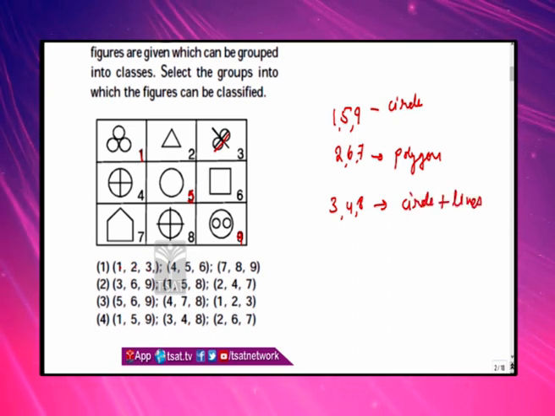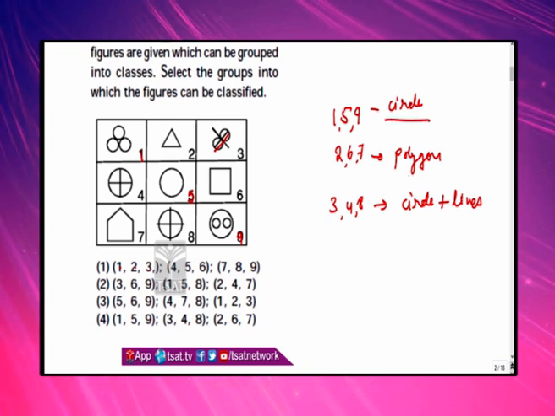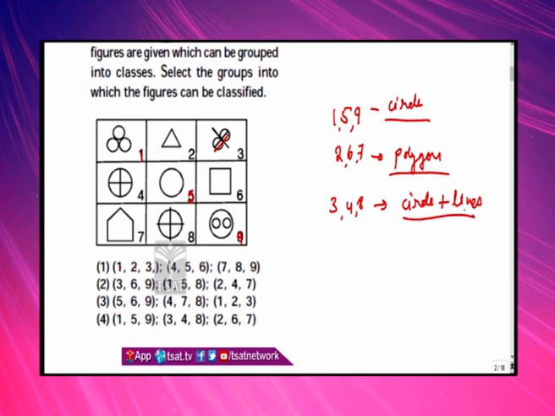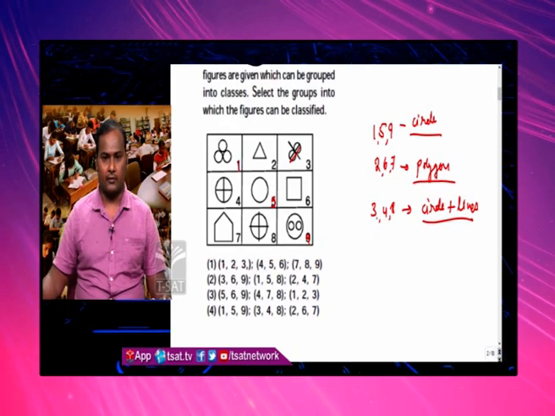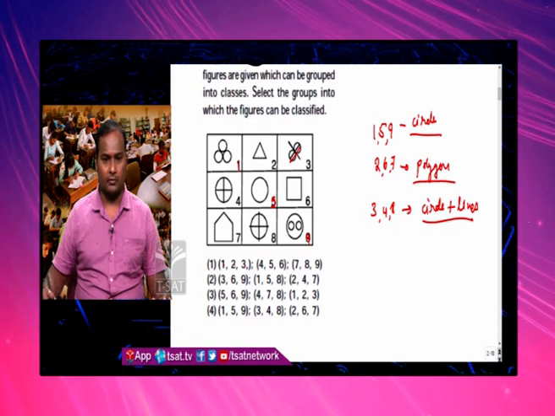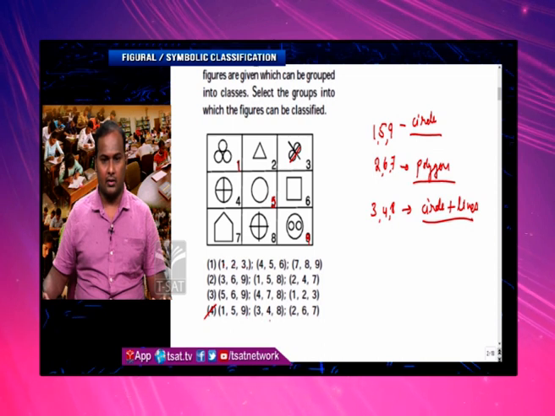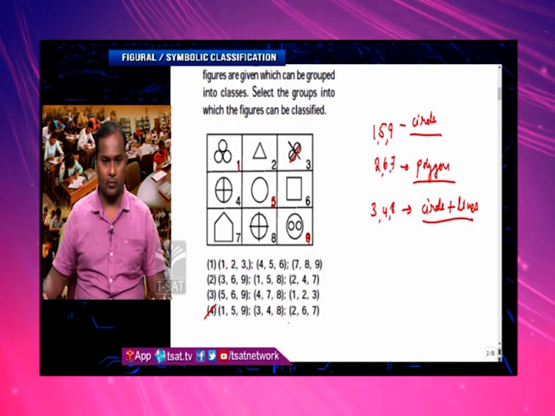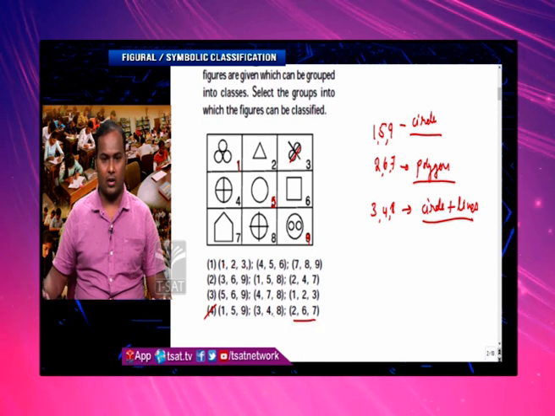The student needs to recognize whether circles are given, or polygons, or circles and lines both. Based upon this, option 4 is the answer. 1, 5, 9 are circles. 3, 4, 8 are both circle and lines. 2, 6, 7 are polygons.